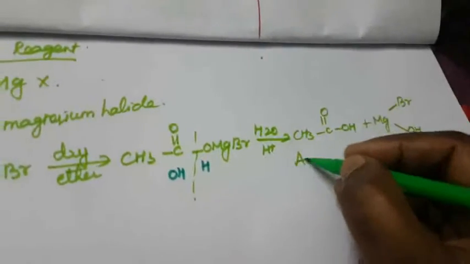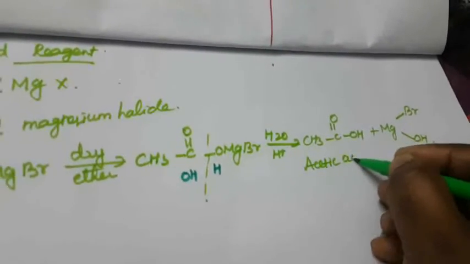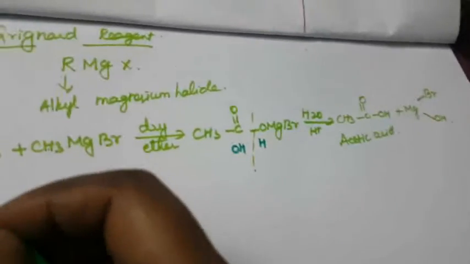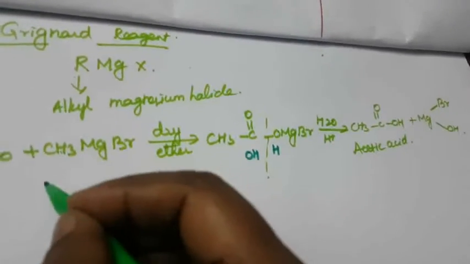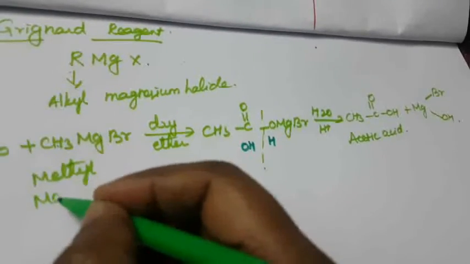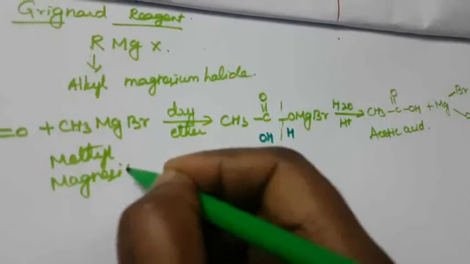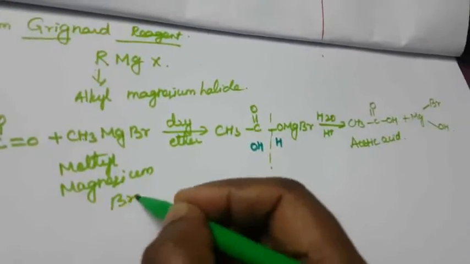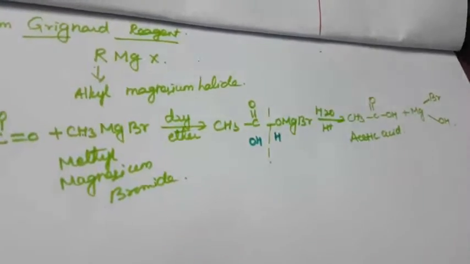What is this compound? Acetic acid. This is carbon dioxide, and this is methyl magnesium bromide.